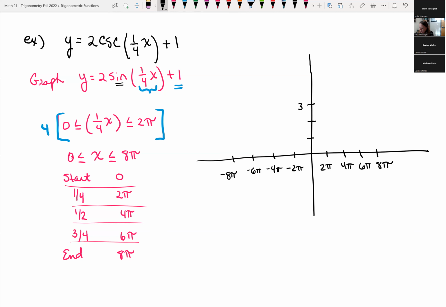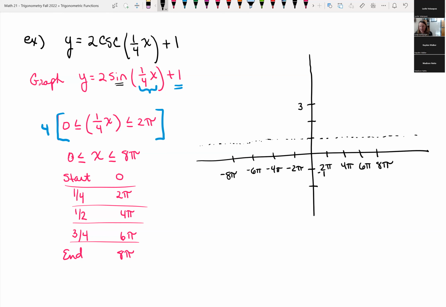My minimum before was -2, but if I add 1 to that minimum value for my y, it's going to be -1. My midway line for sine of x was going to be shifted up 1. So my midway line, which I tend to put a dotted line there, I'm going to treat like it was my x-axis, but it's shifted up 1, so it's going to be at y equals 1.